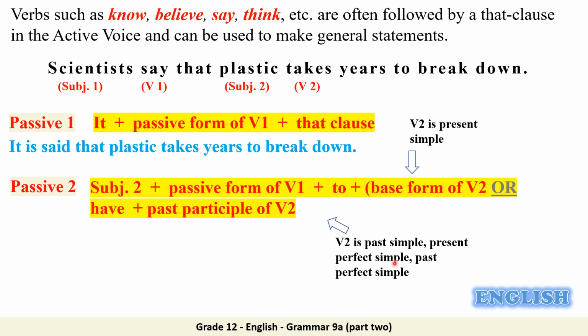If it is past simple, present perfect, past perfect, for instance, we don't use to plus the base form. What should we use instead? We have to use to plus have plus pp to put the tense in the correct form. Well, so we say plastic is said to take years to break down.